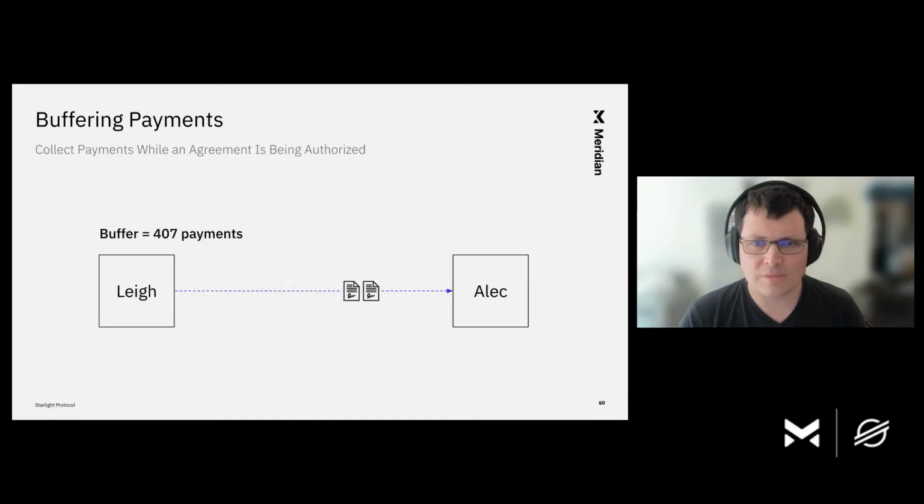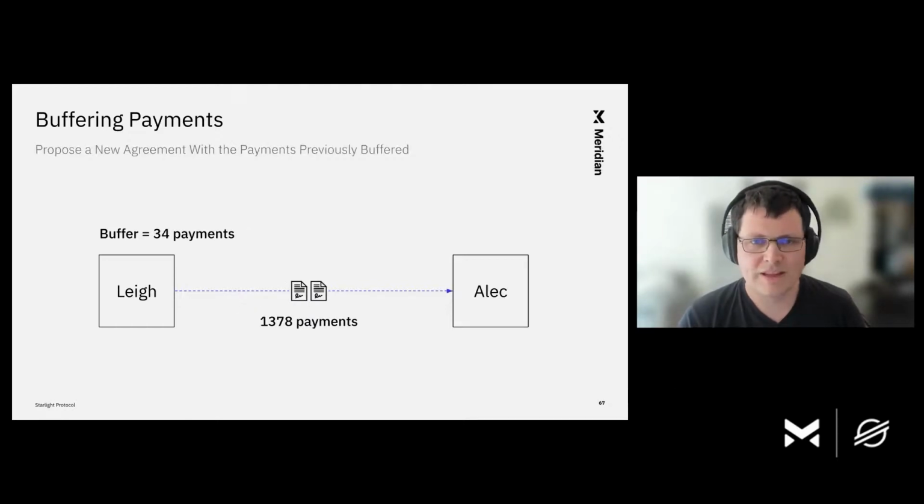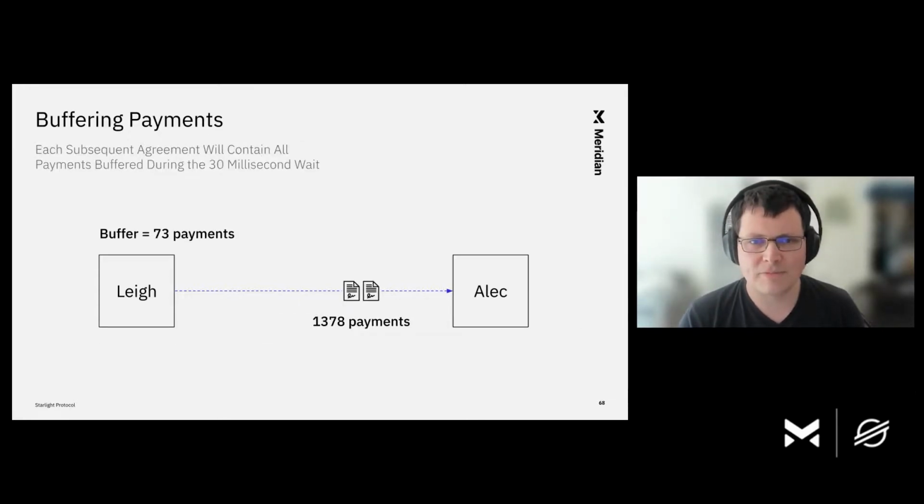While we're waiting the 30 milliseconds for our agreement to be authorized, we collect the payments into a buffer. And once the agreement is authorized, we can immediately propose the next agreement. That next agreement will contain all of the payments that have been buffered during that 30 millisecond wait. We send the details of each individual payment, but we deliver the buffer in a single agreement.